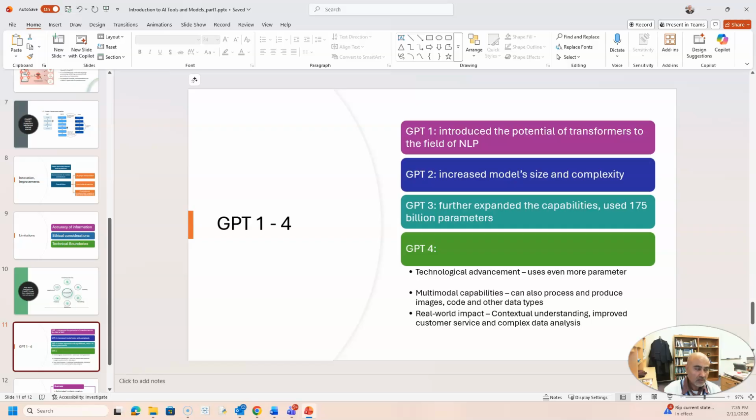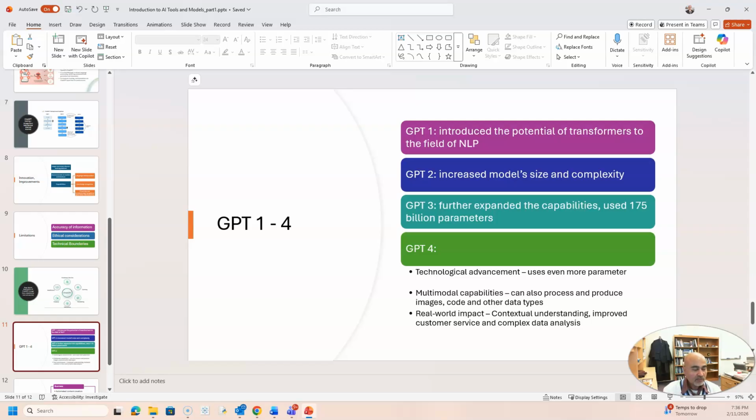OpenAI is the company that came up with the GPT series, and with each iteration, the GPT series has surpassed its predecessor in sophistication, in capability, and expanded its horizons of where and how AI can be used to achieve better understanding and create better responses mimicking a human being.